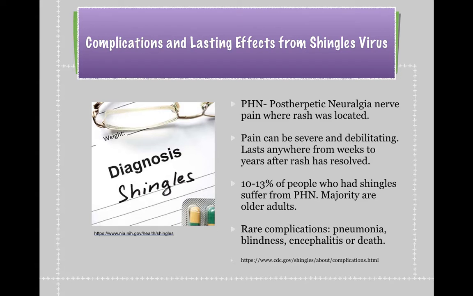This pain can be severe and debilitating and lasts anywhere from weeks to years after the rash has resolved, and this is due to damage on the nerves where the rash was located. 10 to 13% of people who had shingles suffer from PHN, and the majority are older adults. Other rare complications of the shingles virus are pneumonia, blindness, encephalitis, or death.